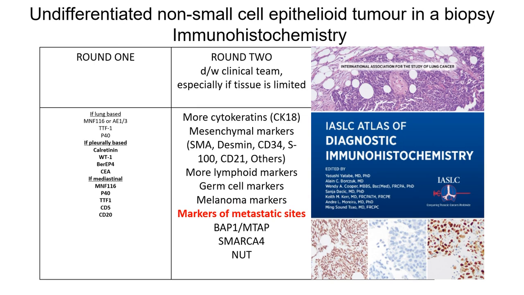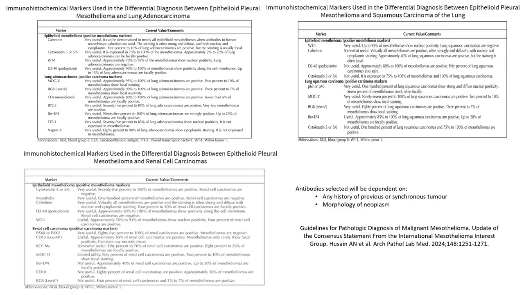Probably as important is right at the top here, discussion with the clinical team. And on the right here, you have an atlas from the RSLC, which, although a few years old, still carries much of this information. The information from the clinical team is valuable because if they say, oh, we didn't tell you there has been a renal cancer or a squamous cancer, then the antibody panels that you might use in that second round will be different depending on if and what tumour has been present.